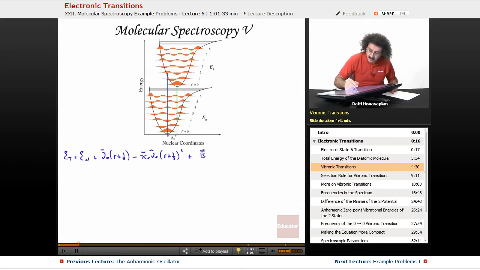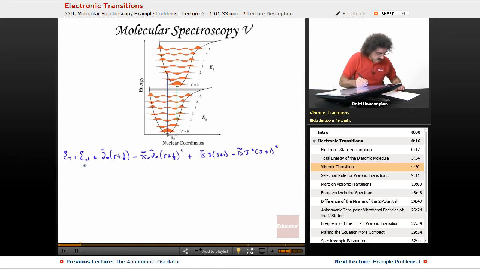Plus B times J(J plus 1) minus D times J squared times (J plus 1) squared. This is the rotational energy, the non-rigid rotator that accounts for the centrifugal distortion.